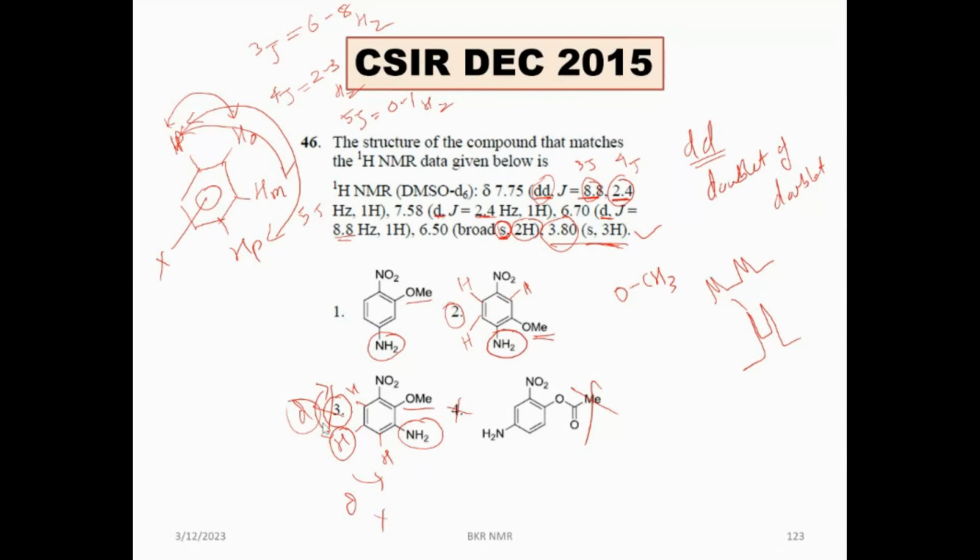Yeah. So now you can see that you have three sets of protons. One is 7.75, one is 7.58, the other one is 6.70. So 7.75 and 6.70, they have a coupling of 8.8.